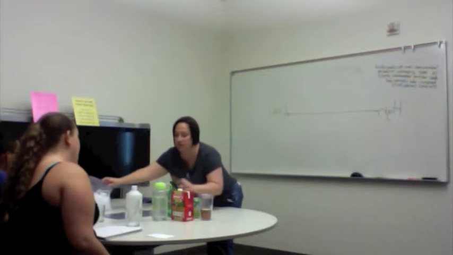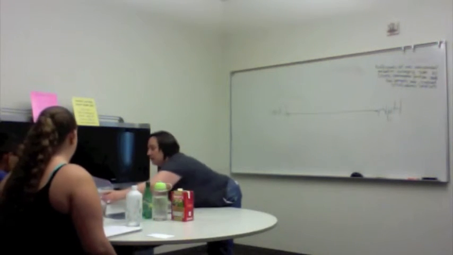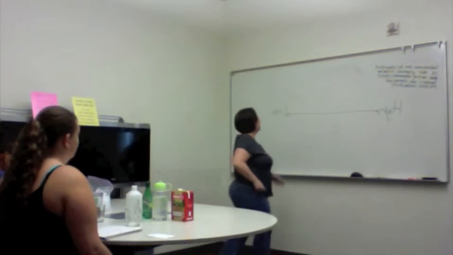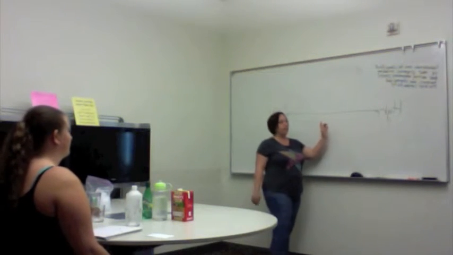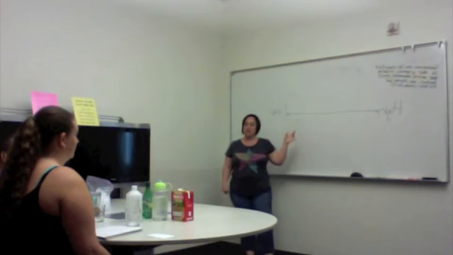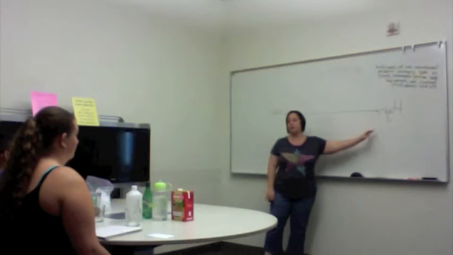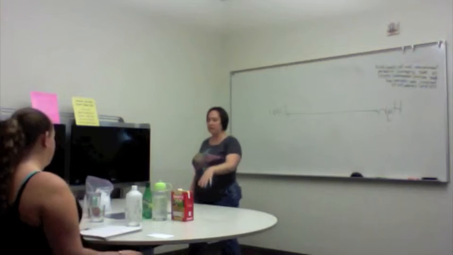And guys, I just want you to play around and see what happens with these. And then what we're going to do is make a gradient from highest to lowest. And this is going to be the density of the liquids. And we're going to see what happens with the ice. And then you guys are going to tell me where on this gradient you want me to put the liquids. Okay, so let's just play around and see what happens.